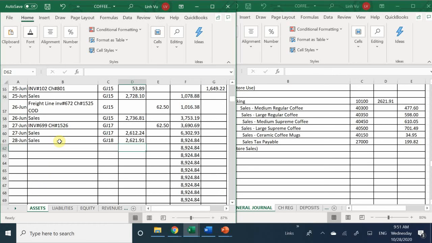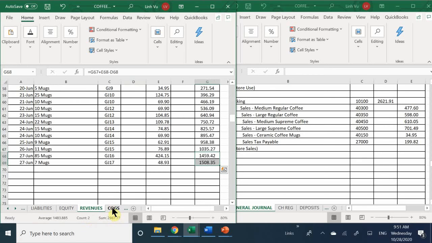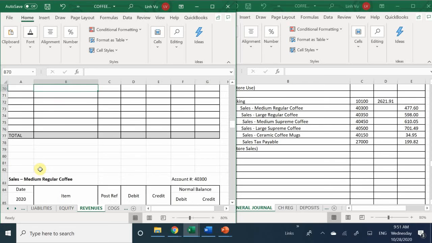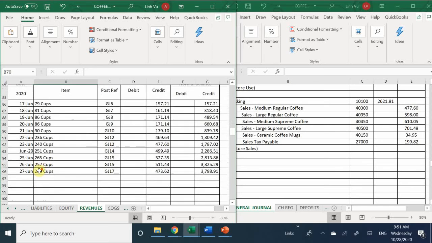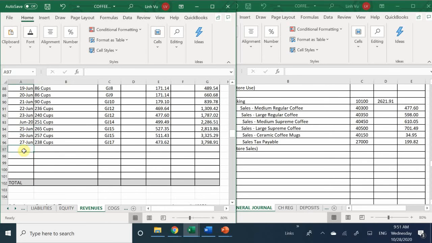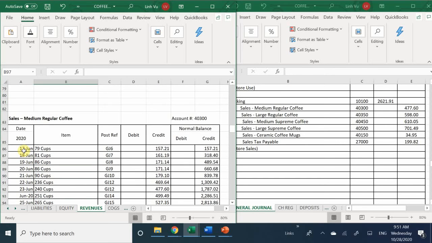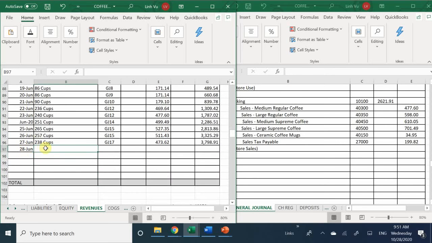Okay, and then we're going to go to revenues. And then it would be sales, regular, medium coffee. Okay, everybody do this, I'm going to do it.